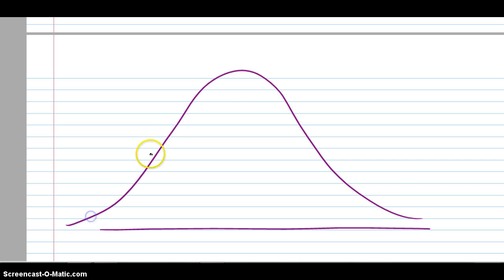3 standard deviations out. How much is either side of 100? We have 99.7% within 3 standard deviations of the mean.